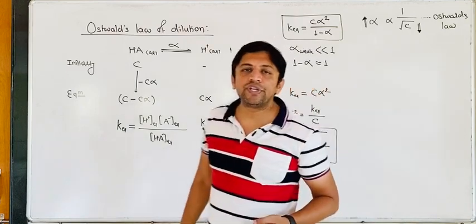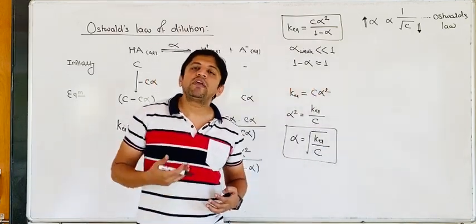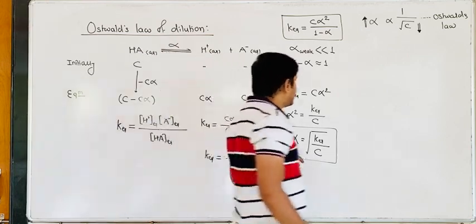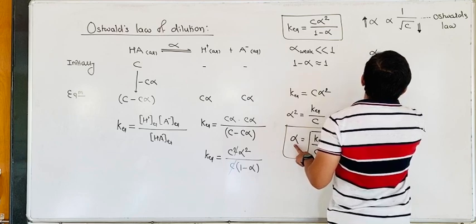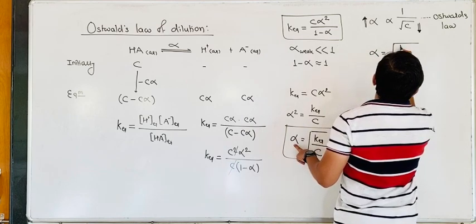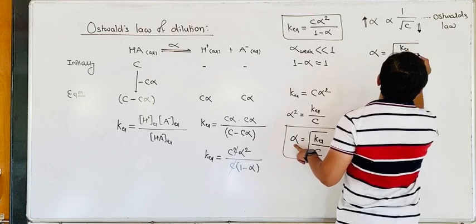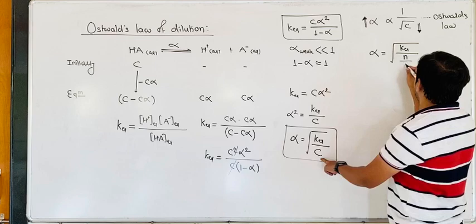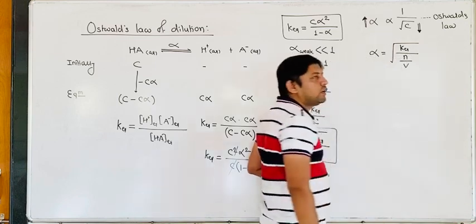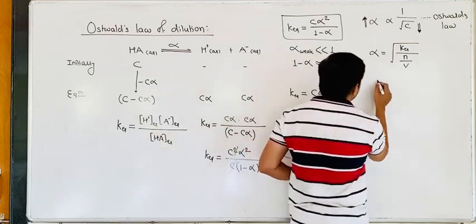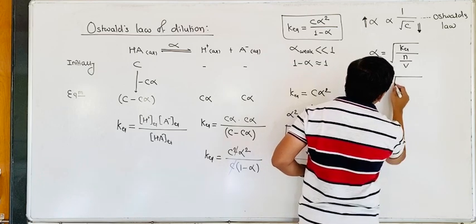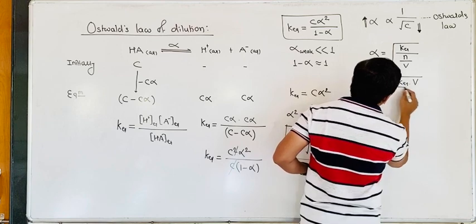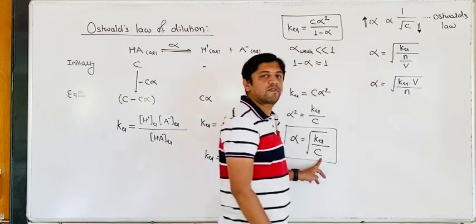And decrease in concentration is achieved by addition of extra amount of solvent. That means increasing volume of solution. This expression alpha is equal to square root of K equilibrium divided by concentration. This concentration is nothing but moles divided by volume of solution. So alpha is equal to square root of K equilibrium into volume of solution divided by number of moles.